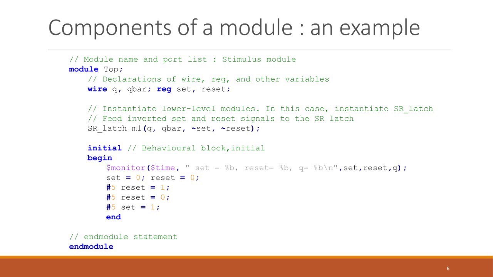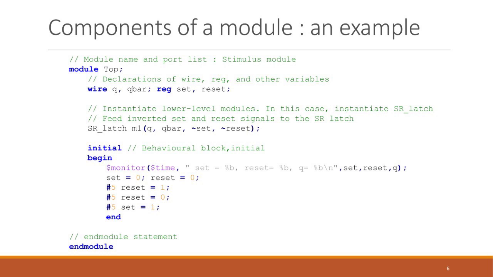So inside the initial block, you can see a system task being used to actually monitor the signal changes. This system task might be new to you, because we have already seen the display system task, but we have not looked at the monitor system task yet.